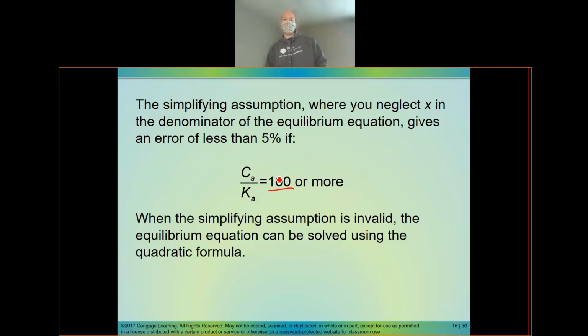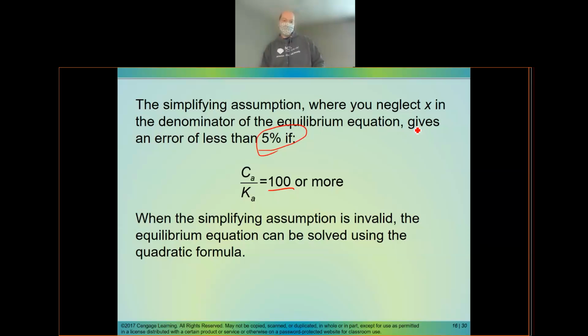So if your initial concentration divided by your equilibrium constant is 100 or more, then you have a less than 5% error, and then that is acceptable. And so the larger this number, the less error you're going to have. So if it's equal to exactly 100, your error is basically 5%. If it's equal to 1,000,000, then your error is essentially 0.